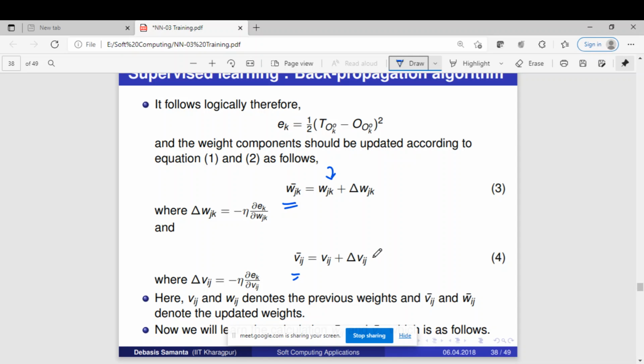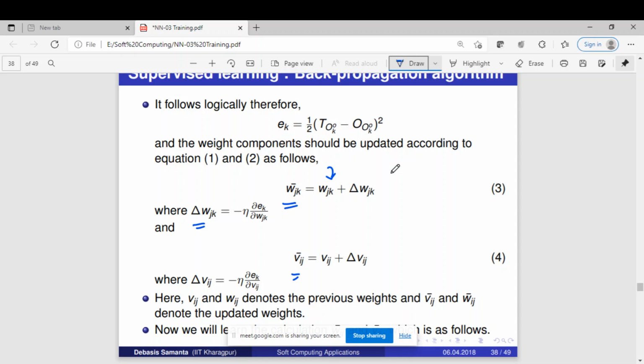In the previous slide we learned that del wjk is minus eta into dou ek by dou wjk, so that's what will come here. Similarly here also this will be minus. Why are we using this minus?